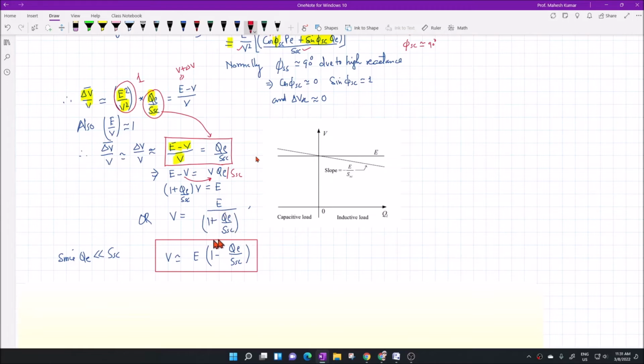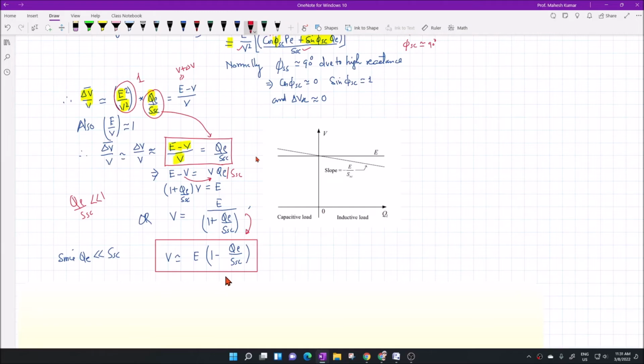Normally QL by SSC is far less than 1. Hence we can expand by binomial expansion, and we will get B equals E into 1 minus QL by SSC, an approximate relationship. You will get higher order terms, but they can be neglected. So this is close to this expression.